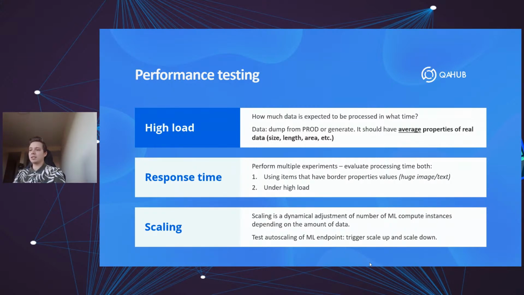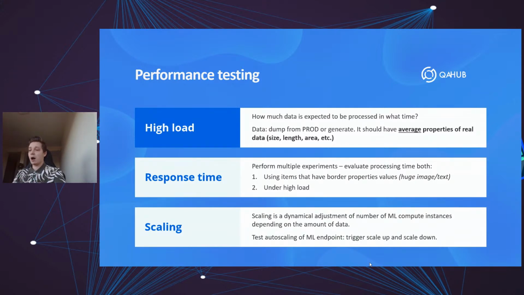Also, when scaling is configured on an ML endpoint, we should test it. Scaling is a dynamic adjustment of the number of ML compute instances depending on the amount of data. So when the amount of incoming data items is more than a certain threshold, the number of instances where the ML model is deployed increases. This is scale up, and vice versa, scale down.